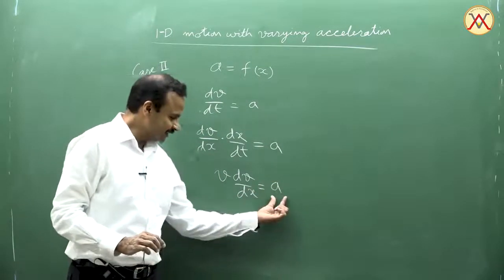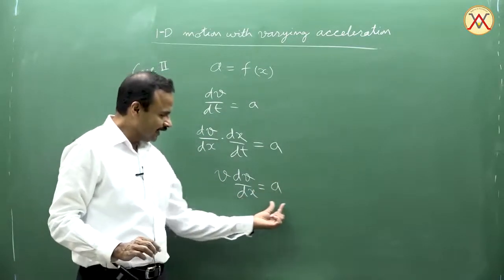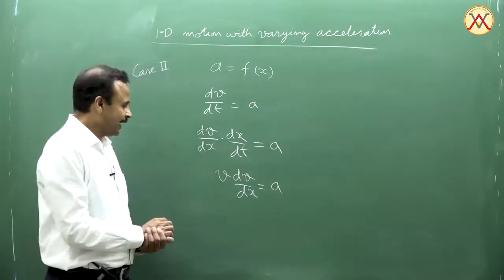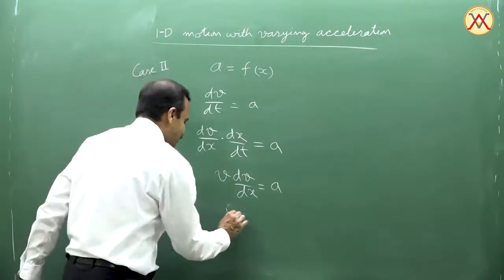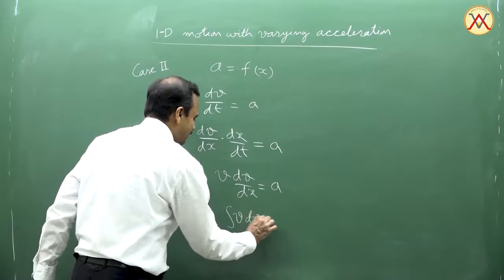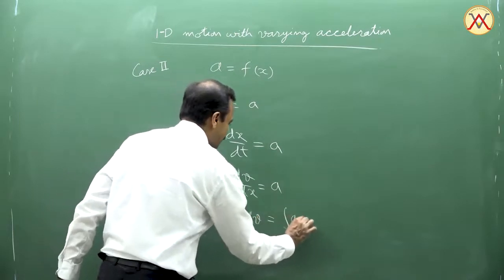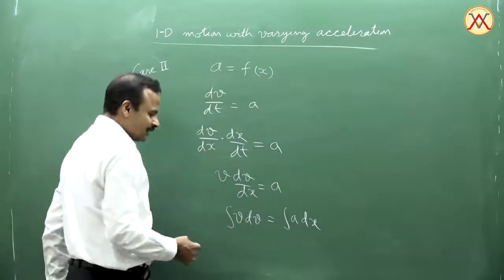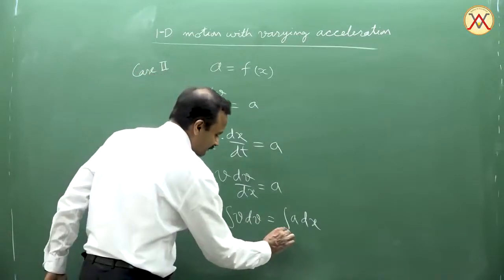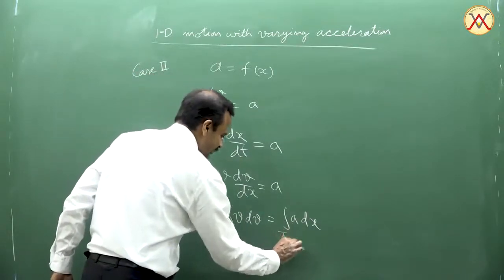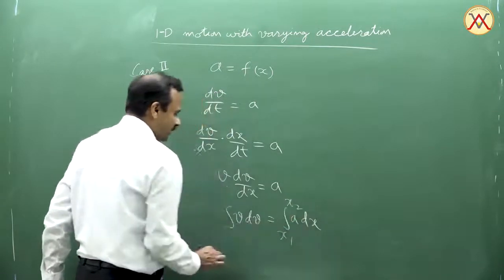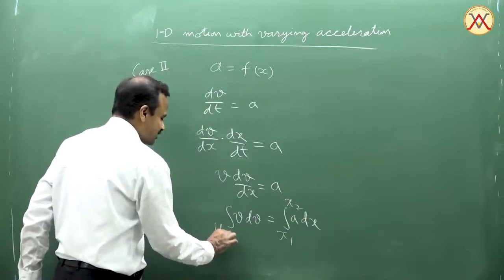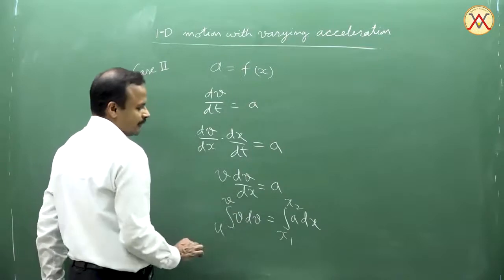Now, if acceleration is given as a function of x, we can take dx on the other side and integrate it. So, integral of v dv becomes integral of a dx. And let us say the position changes from x1 to x2 and the velocity correspondingly changes from u to v.